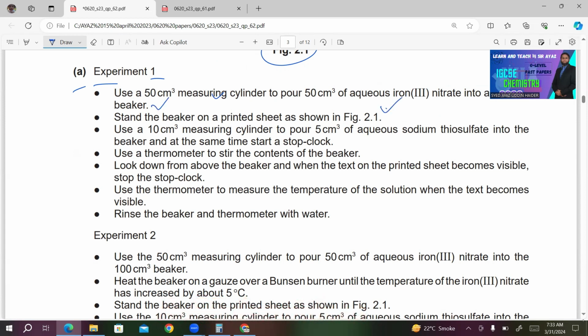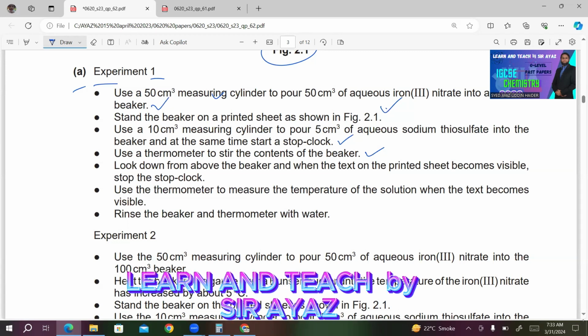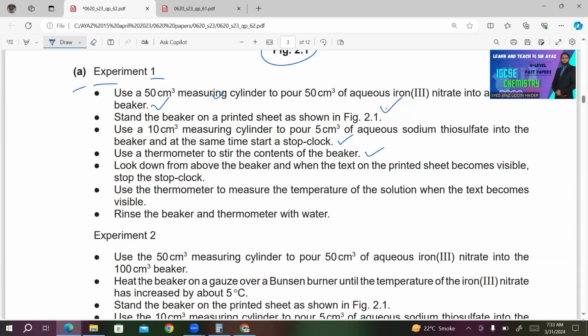Use a 10 centimeter cube measuring cylinder to pour 5 centimeter cube aqueous sodium thiosulfate into the beaker, and at the same time start a stop clock. Use a thermometer to stir the contents of the beaker. Look down from above the beaker, and when the text on the printed sheet becomes visible, stop the clock. Use the thermometer to measure the temperature of the solution when the text becomes visible. Rinse the beaker and thermometer with water.